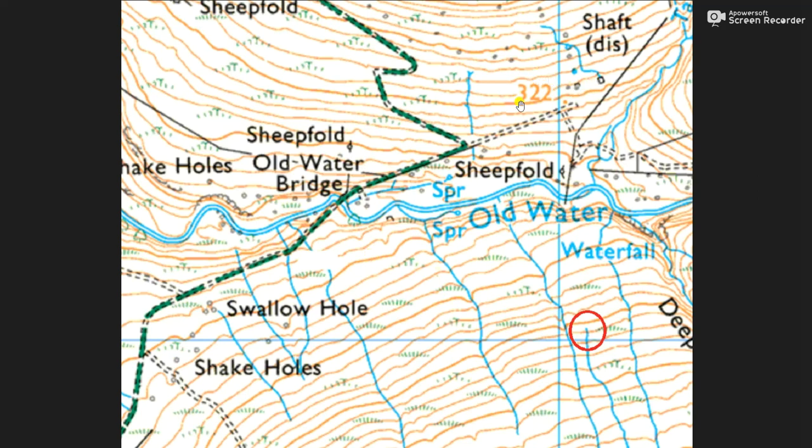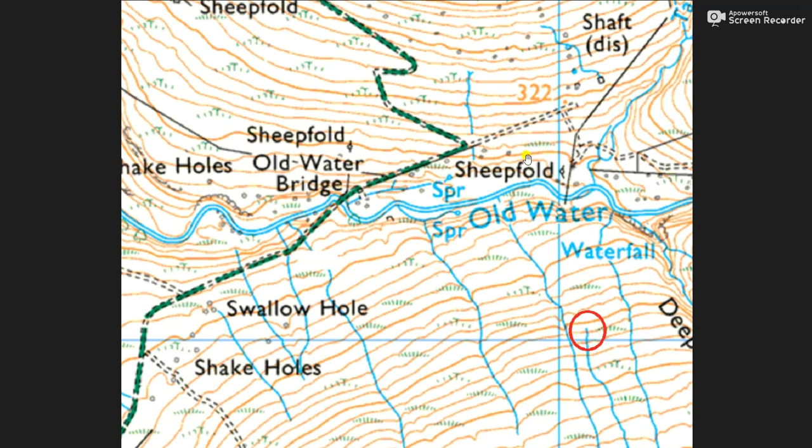Right, let's go back to this spot height. We see this spot height is right next to, immediately below, an index contour. So that's going to help us work out if these contours are going up in 5 or 10 meter intervals.